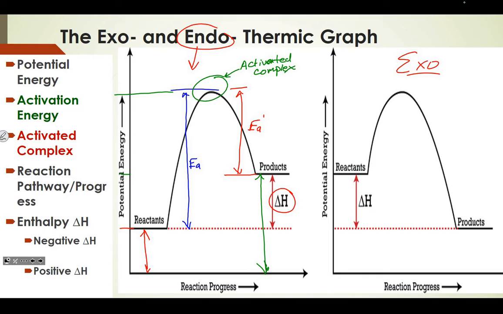A lot of graph reading comes with our ACT too. So as we go forward, by the way, this right here would be a positive delta H because I have to put energy in. This right here would be a negative delta H because energy is given off. Okay, are we all right to go forward?